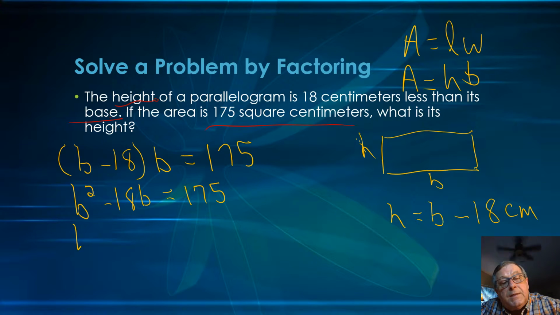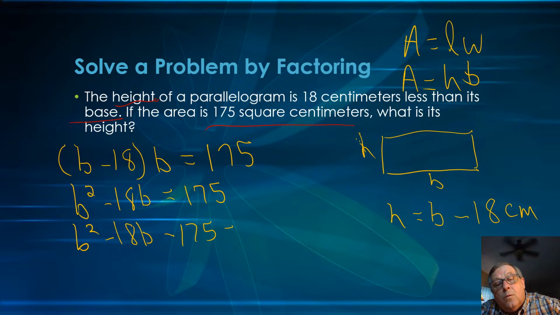So then we would have B squared minus 18B minus 175 equals 0. Well, now I can factor this quadratic equation. B squared minus 18B minus 175.